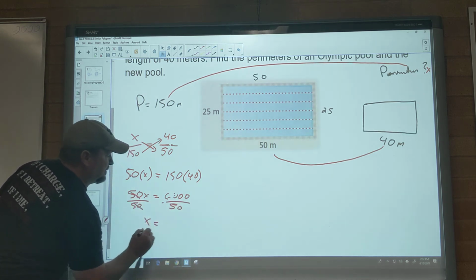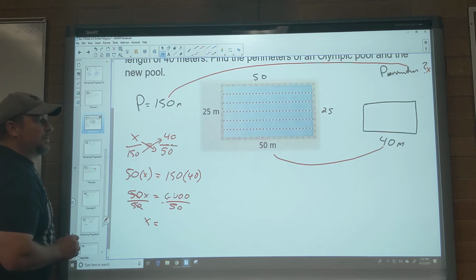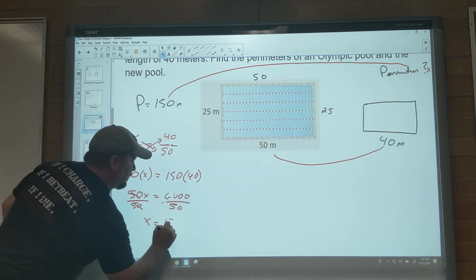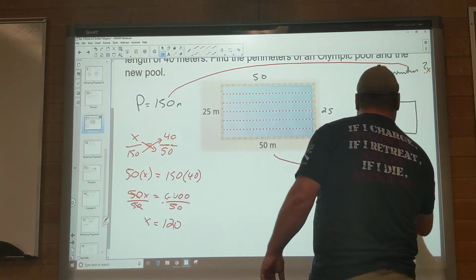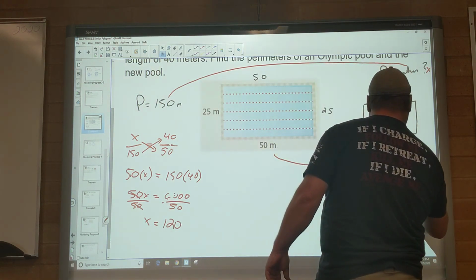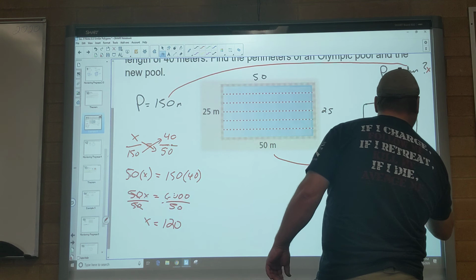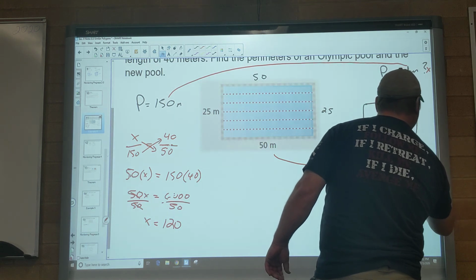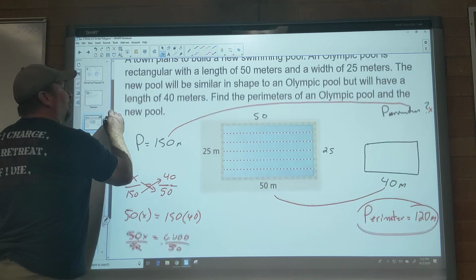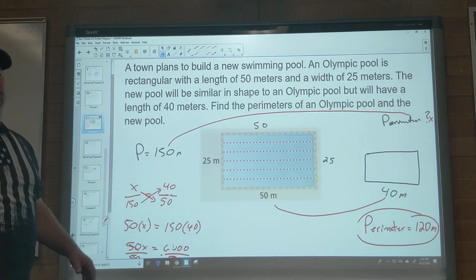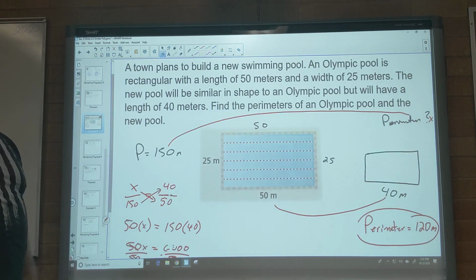And x is? Gonna do it in your head? Oh yeah, 120. So our perimeter equals 120 meters for our shape. And this is the whole reason we do these types of problems, so that we can figure out items on real life problems.